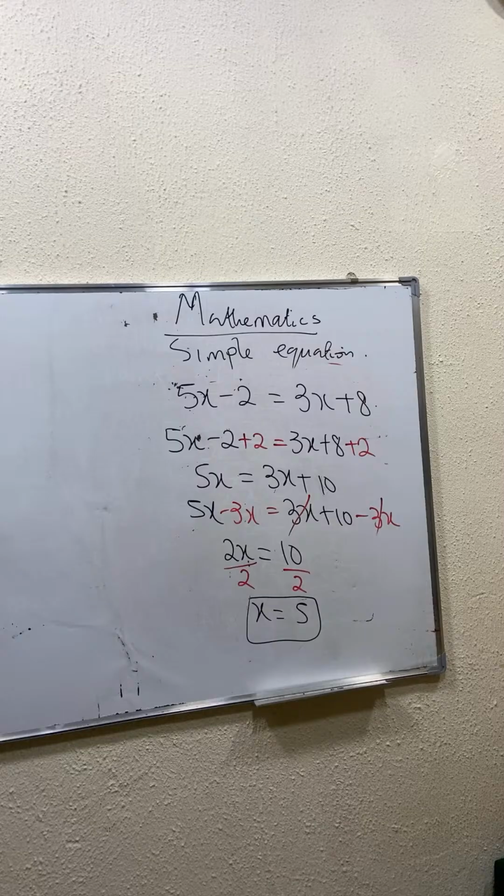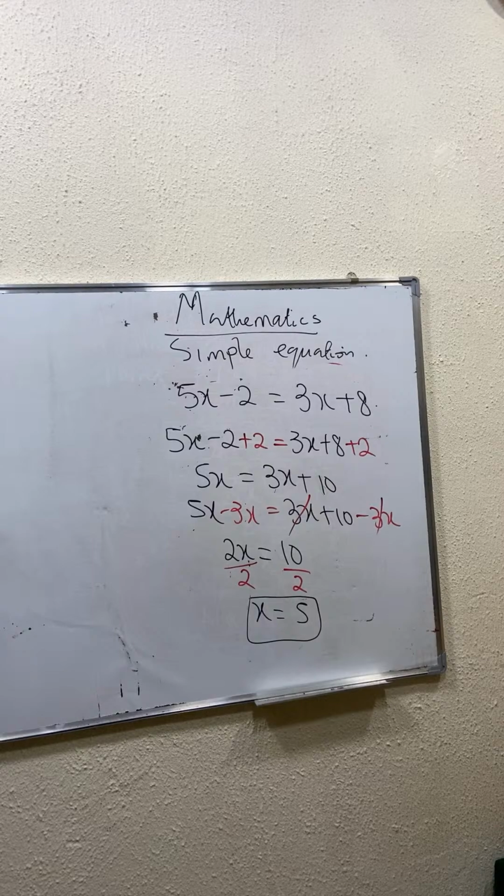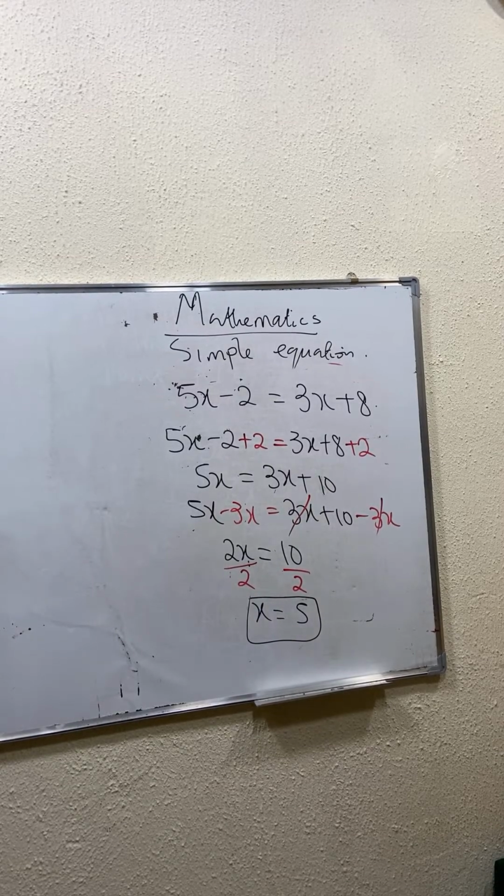After adding 2 to both sides, we are left with 5x equals 3x plus 10. After all said and done, we solved and got the answer to be 5. So this is how we solve the problem.